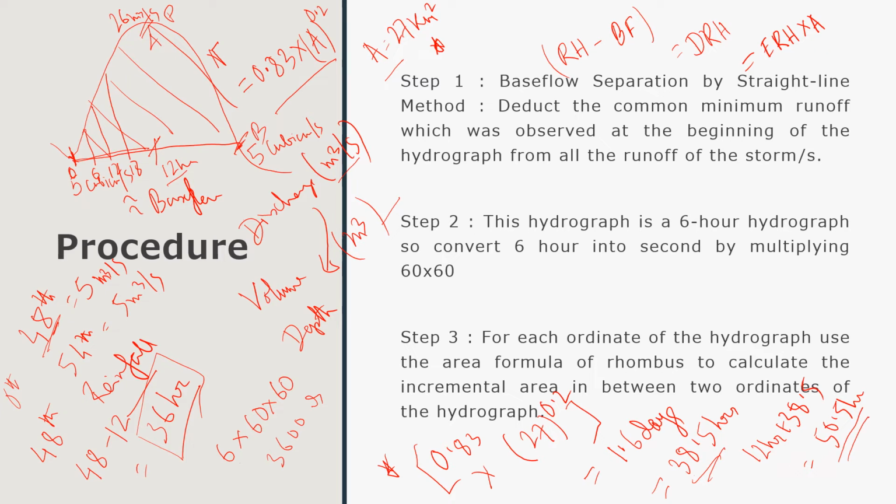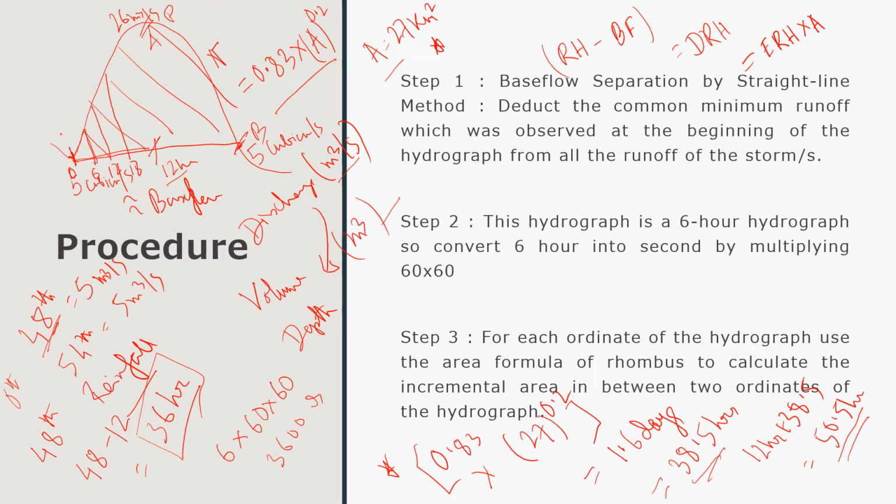So for the first area, this is more or less a rectangle. As this is the beginning point of the hydrograph, and I have already deducted the base flow from here, 5 cubic meter per second is already deducted.